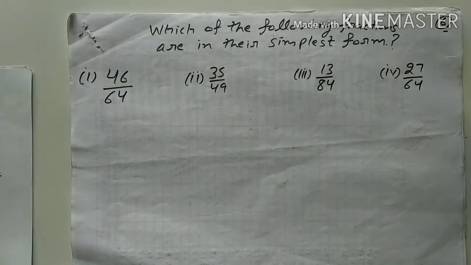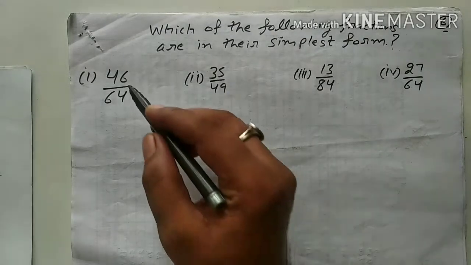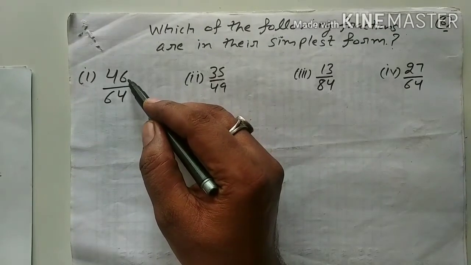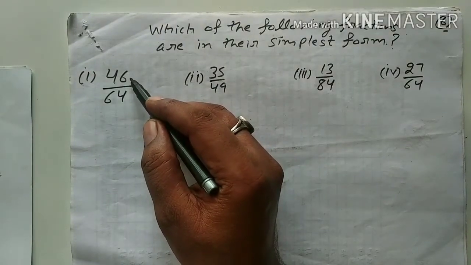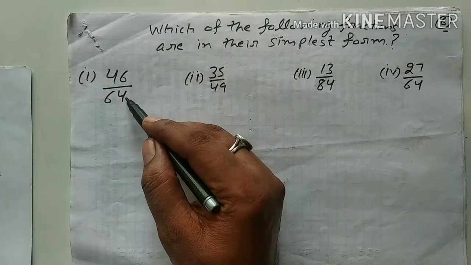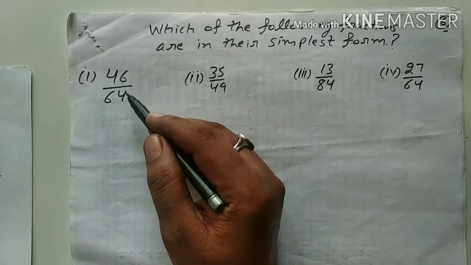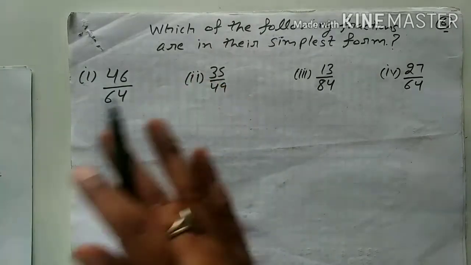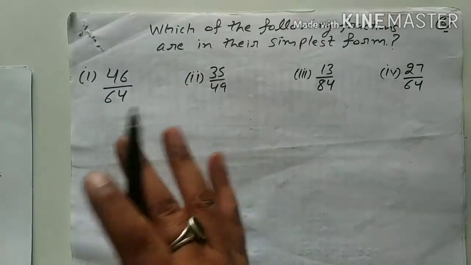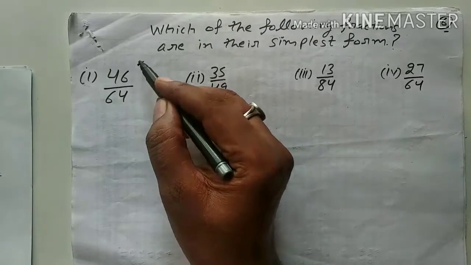Now you see the first one, 46 over 64. 46, its unit digit is 6, that is an even number, and 64, its unit digit is 4, that is also an even number. Both are divisible by 2, therefore this cannot be a simplest form. So I mark it cut.